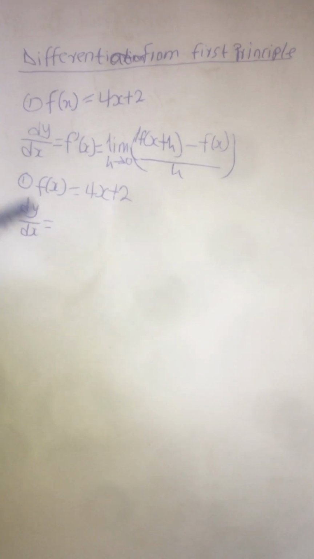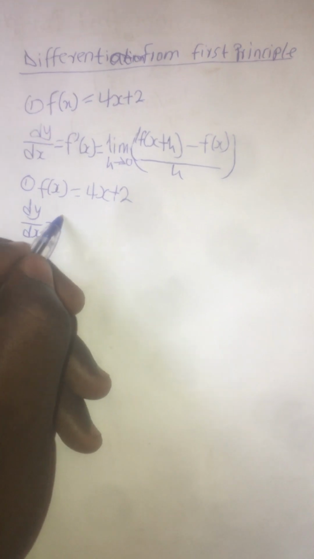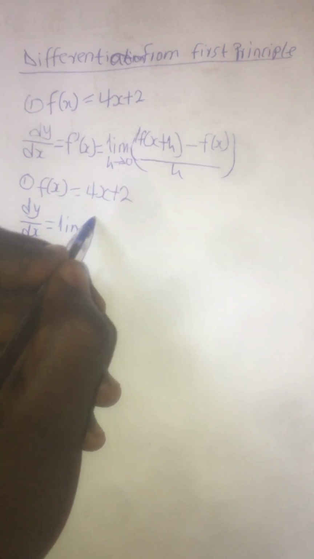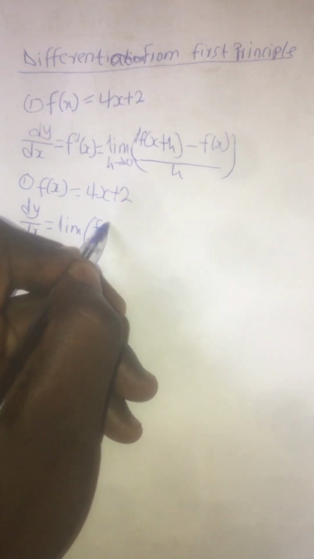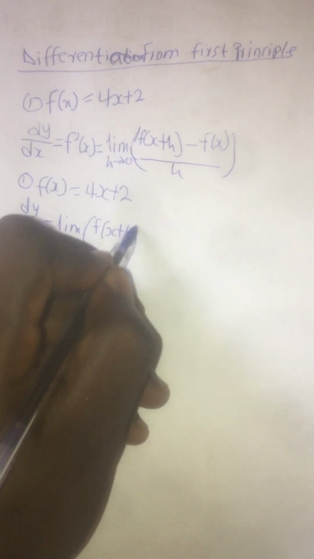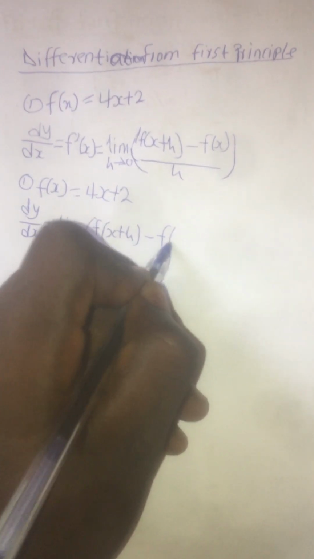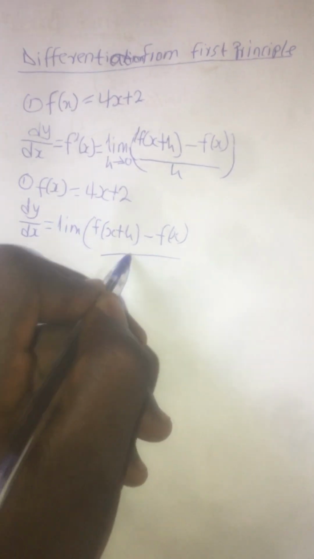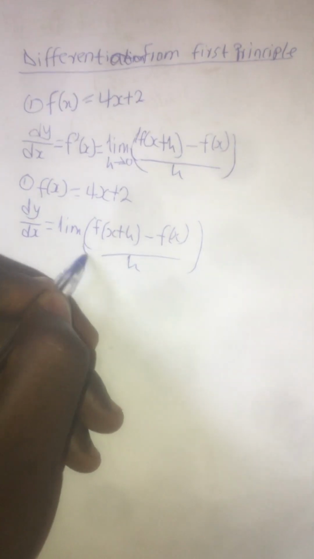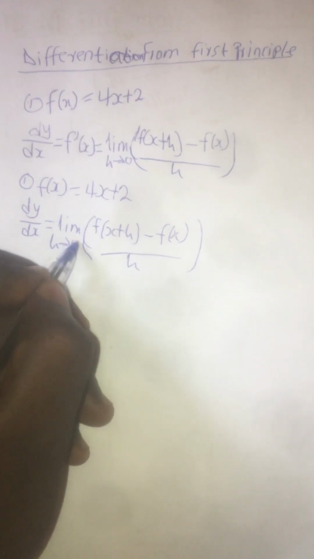So dy over dx will be equal to the limit of f of x plus h minus f of x all over h, as h approaches 0.